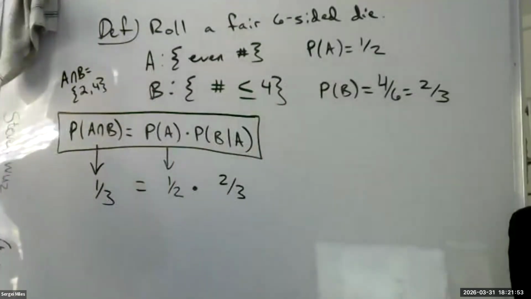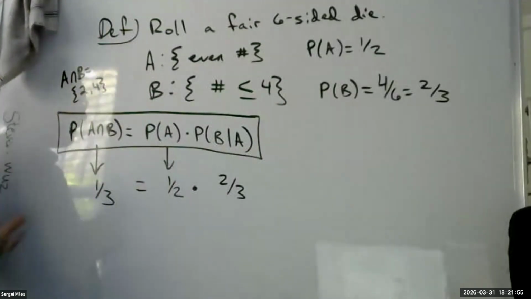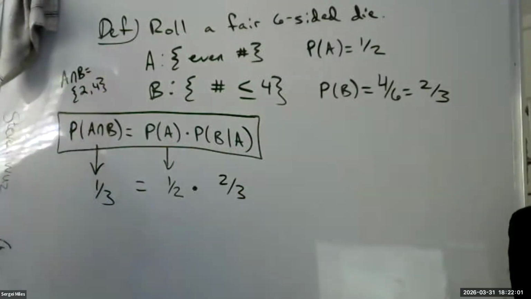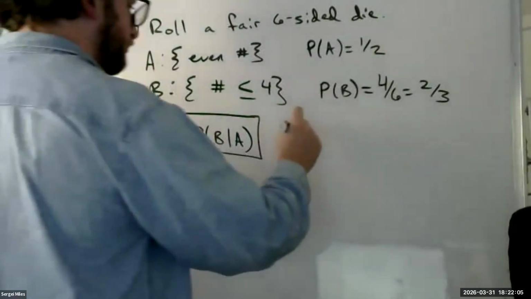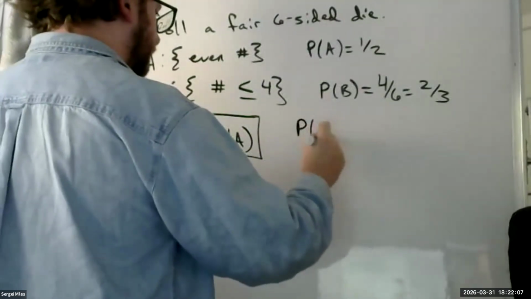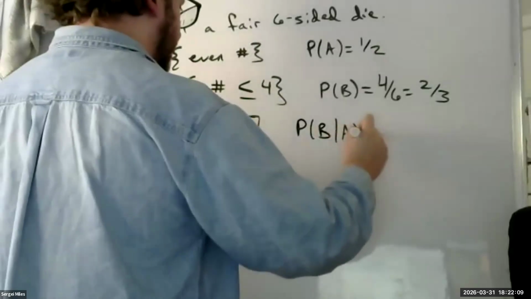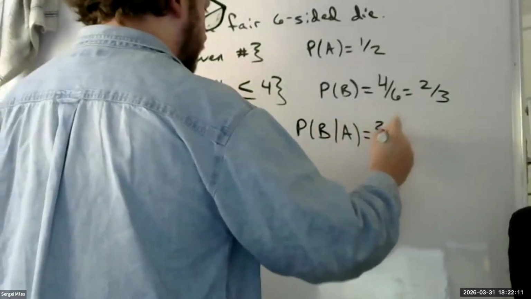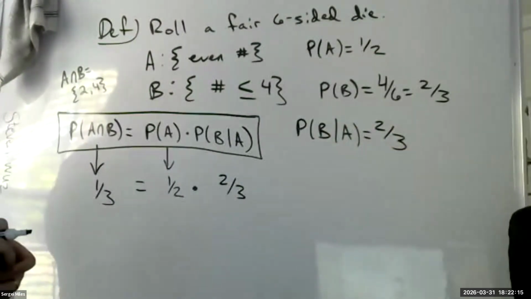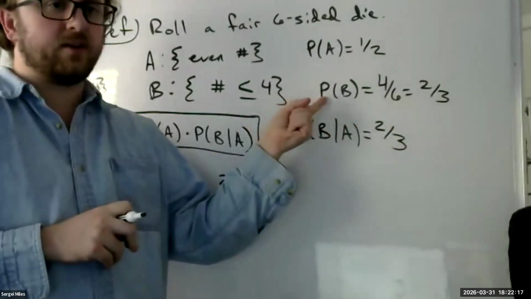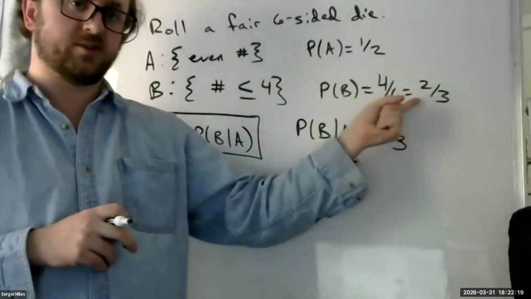All right. So this works out using our multiplicative rule. However, something interesting also has happened here. Look at the probability of B given A. The probability of B given A is equal to 2/3. But the probability of B was already 2/3.